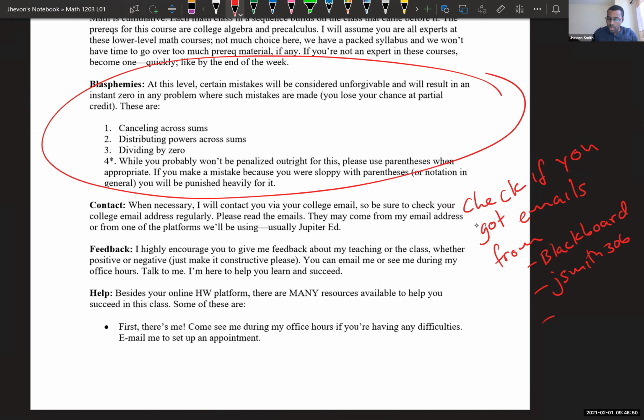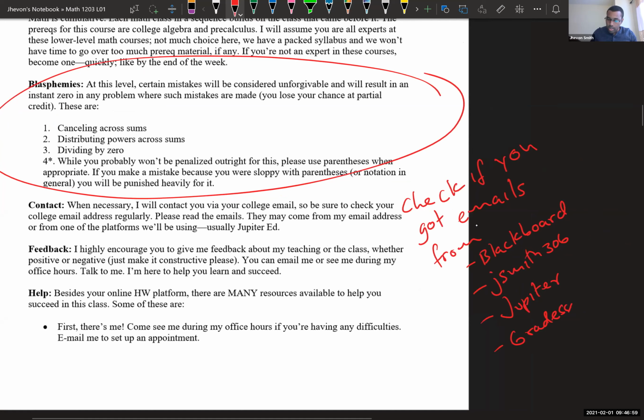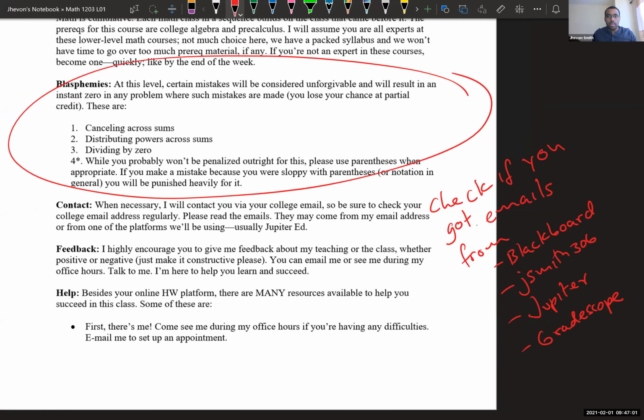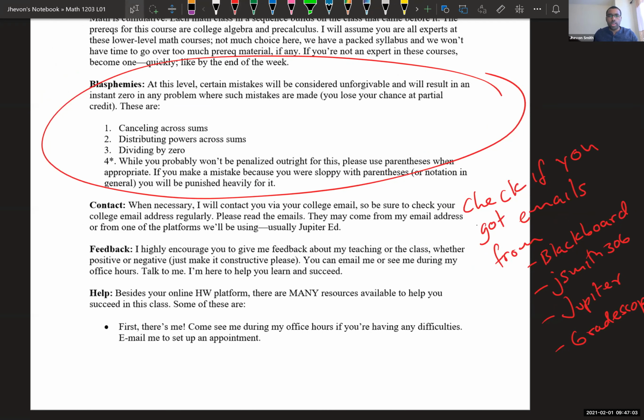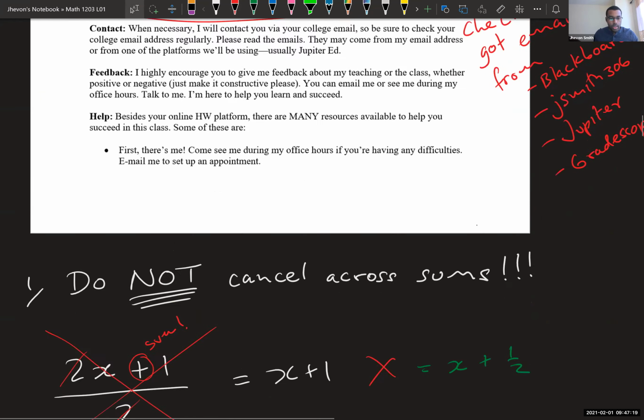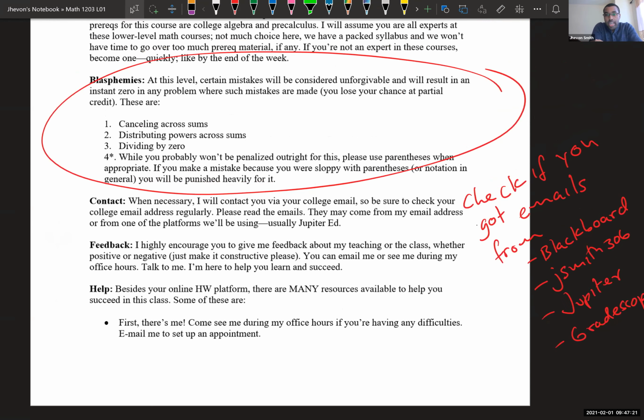You should have also gotten something from Jupyter. You should have also gotten something from Gradescope. So I sent out these emails earlier this morning. If you did not get emails from these 4 sources, you should probably let me know, because it means the lines of communication is broken somewhere. So after class, definitely check.